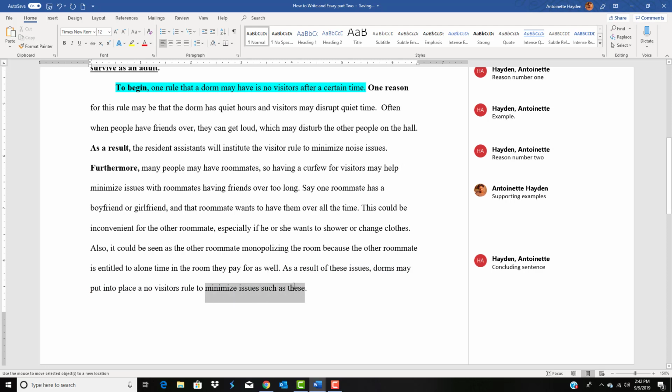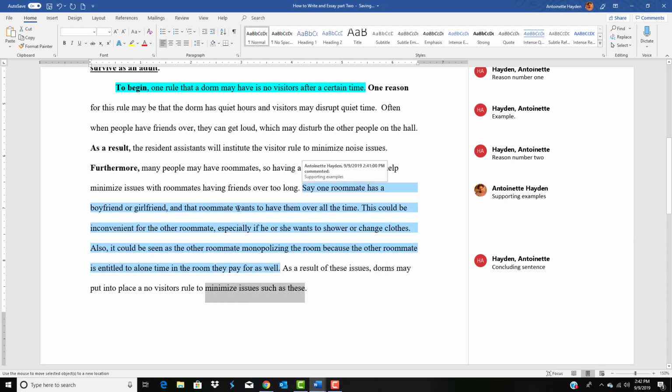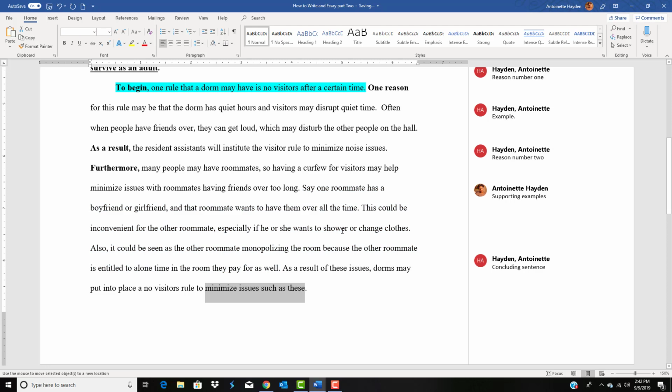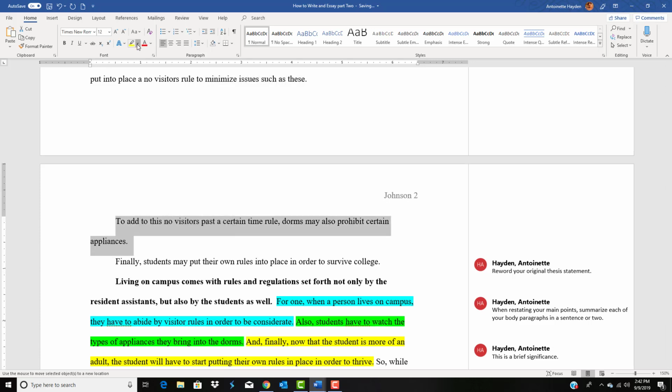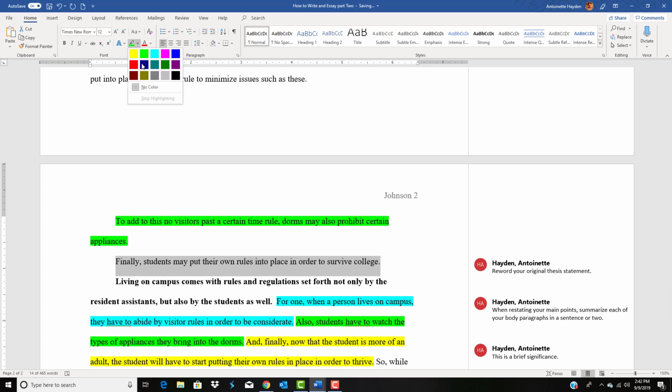So, this is the important part because it reflects what I talked about in my paragraph. And I would do this same setup for each and every paragraph. So I have 2 sample topic sentences for the next paragraph.